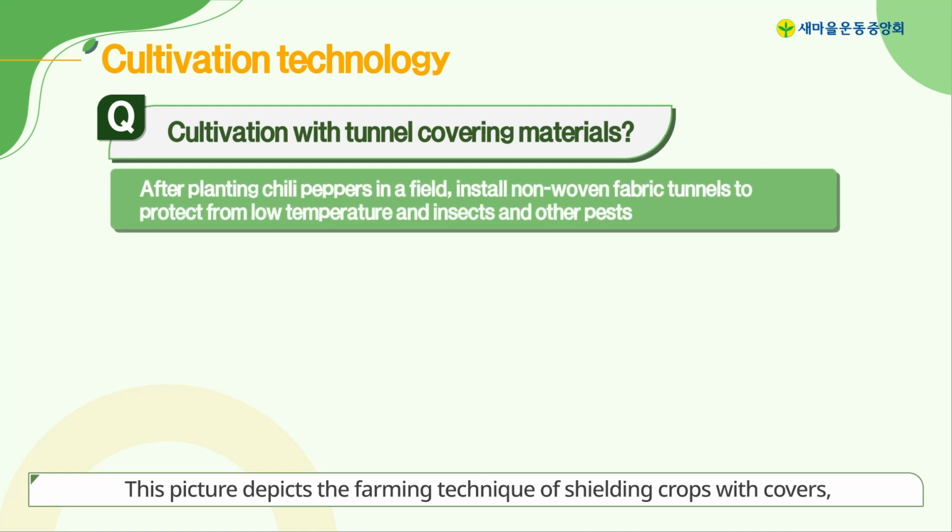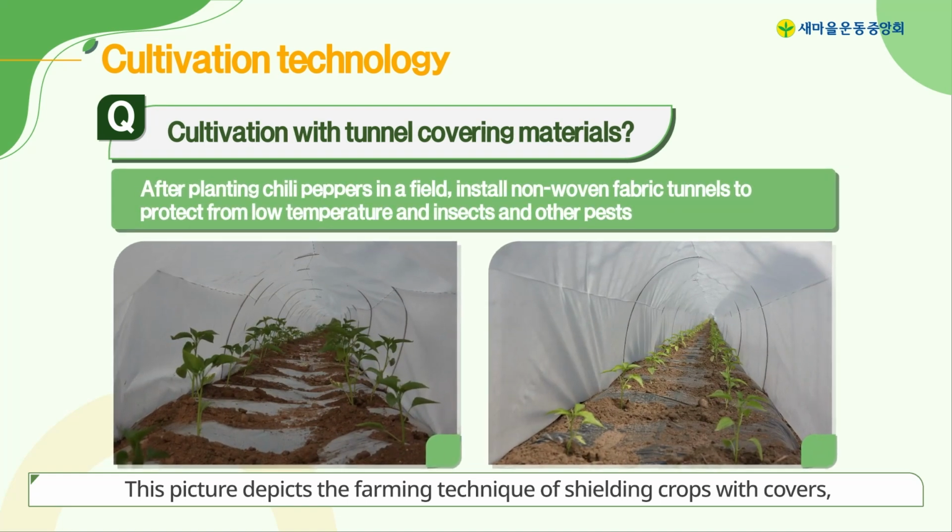This picture depicts the farming technique of shielding crops with covers, which was recently developed aside from rain-proof cultivation. This technique is to prevent spring frost by creating small tunnels and covering them with non-woven fabric instead of plastic.